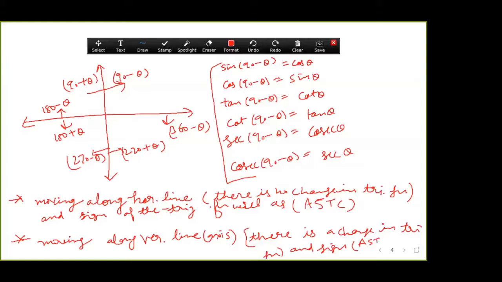All signs you have to change according to this concept.